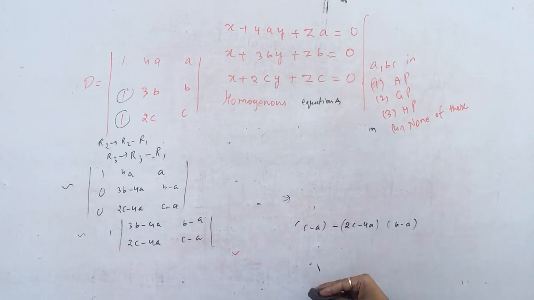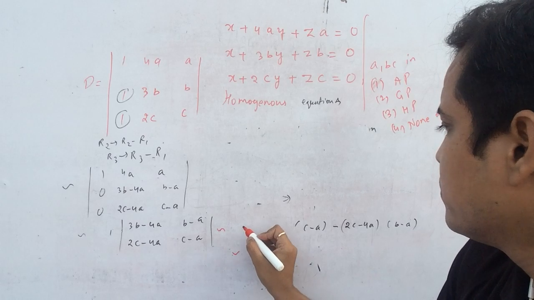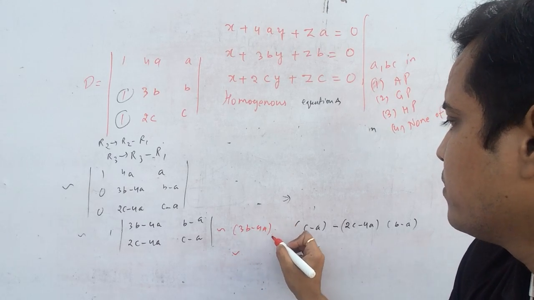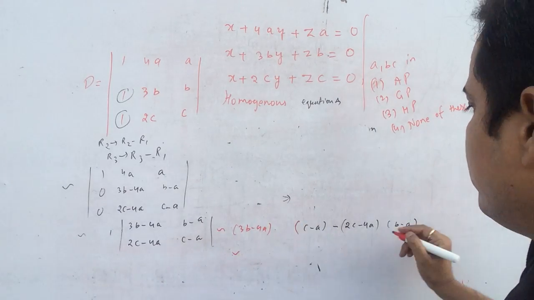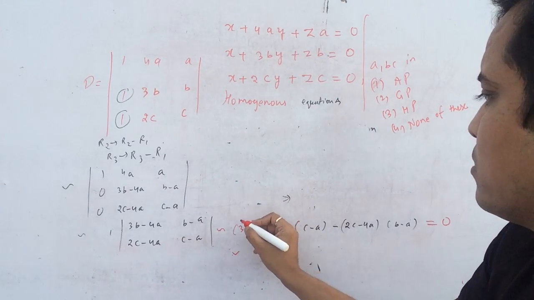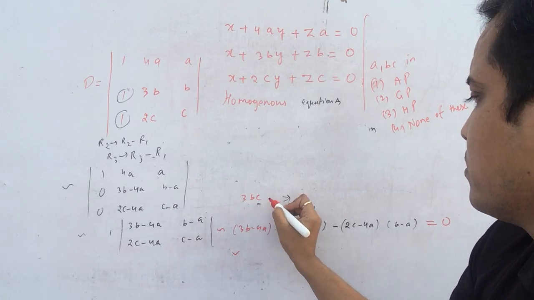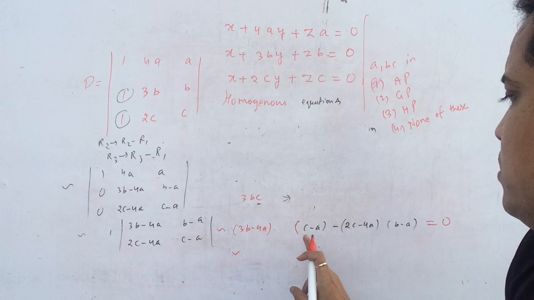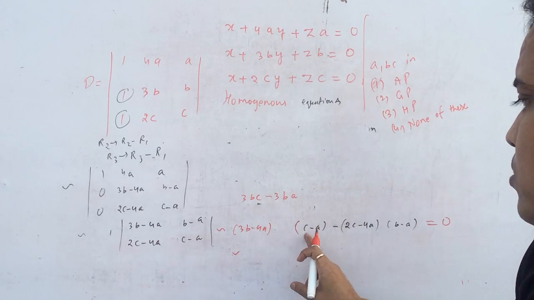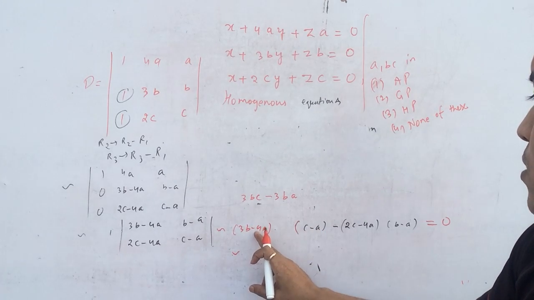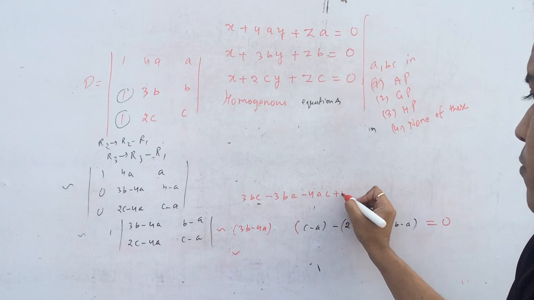So we expand: 3b minus 4a, and c minus a. d equals 0, so multiply this: 3bc minus 3ba minus 4ac plus 4a square.